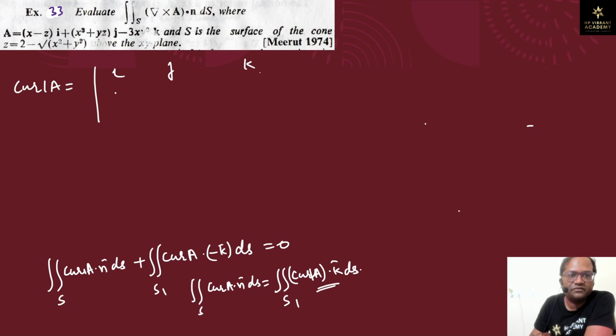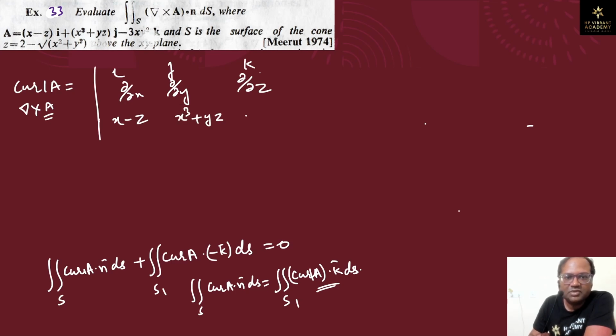The components of this are del cross A. The components of the del operator are del upon del x, del upon del y, and del upon del z. And the components of the A vector are x minus z, x cube plus yz, and minus 3xy square. So this is equal to i cap. Let us take the cross product: del upon del y of this one gives minus 6xy, and del upon del z gives minus y.